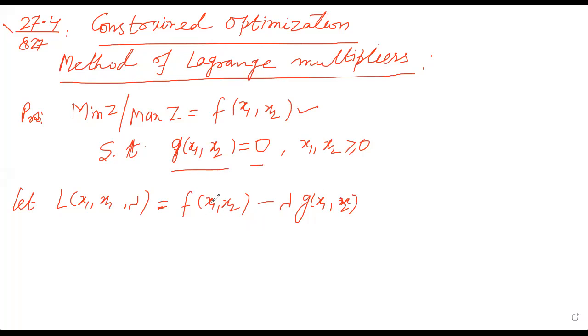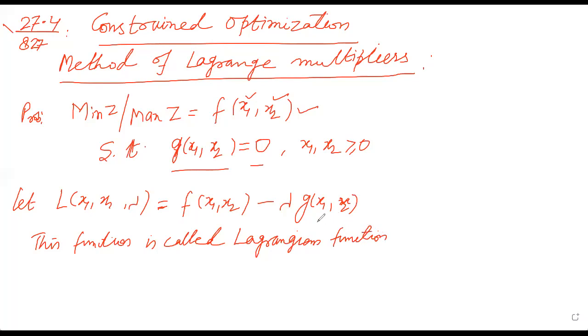So x1, x2 are the variables given to you, and one more variable I will take, lambda, and I will write the relation f(x1, x2) minus lambda g(x1, x2). This function is called the Lagrangian function, and this lambda is called the Lagrange multiplier.